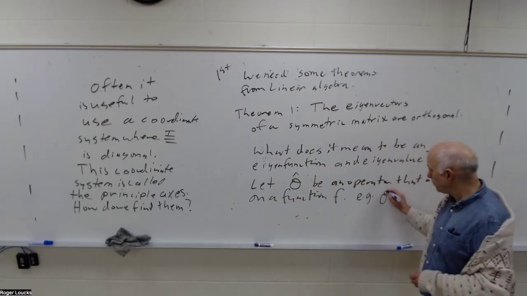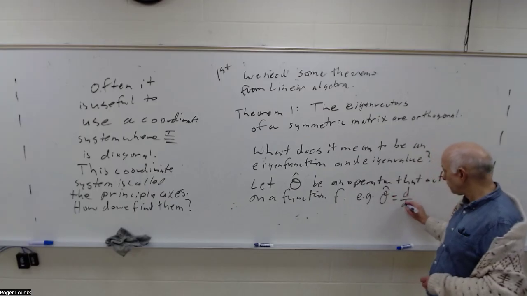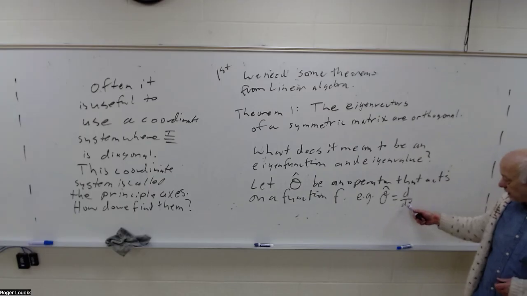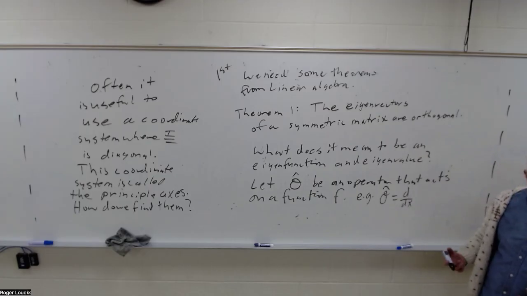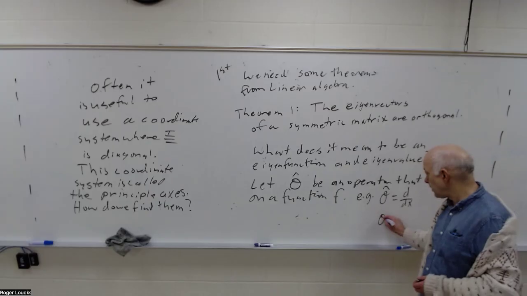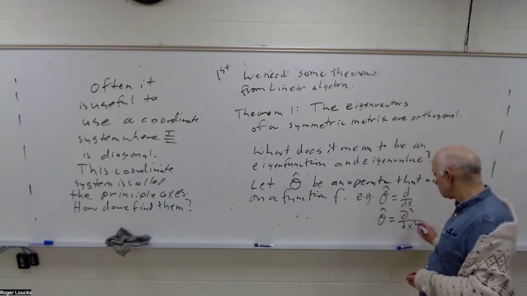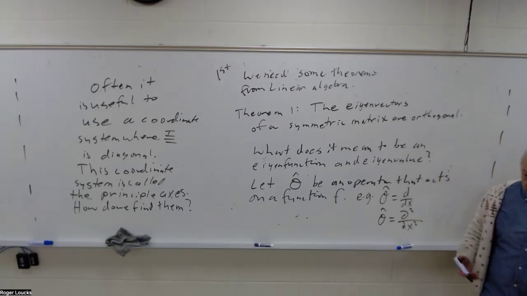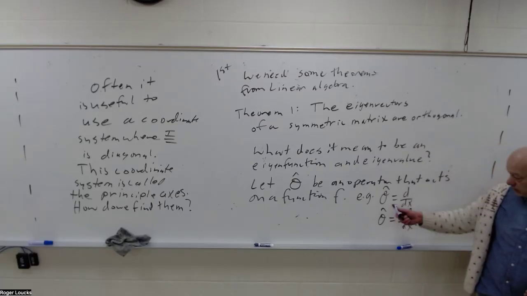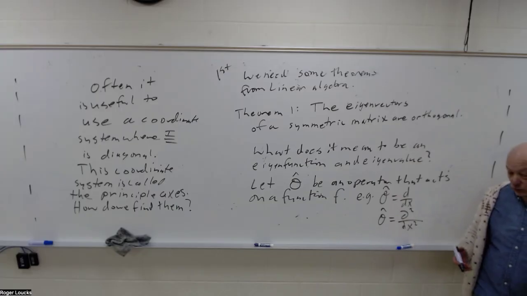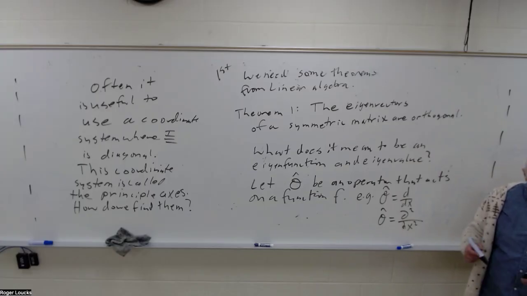The operator here might just be a regular derivative. If you say d by dx, that has to act on something. That's why it's an operator. We could say that maybe O is a second derivative, maybe it's a partial like this. It doesn't really matter what the operator is. Maybe it's the parity operator, where you take x, y, and z and replace them with minus x, minus y, and minus z. Could be anything like that.